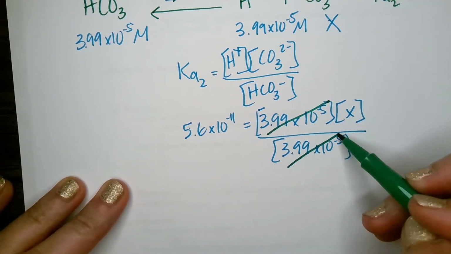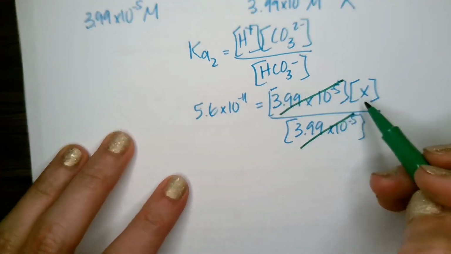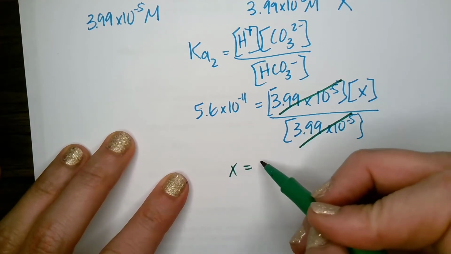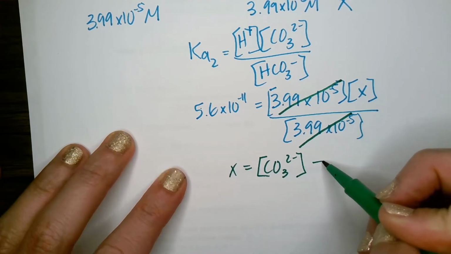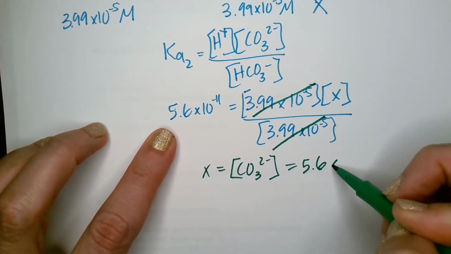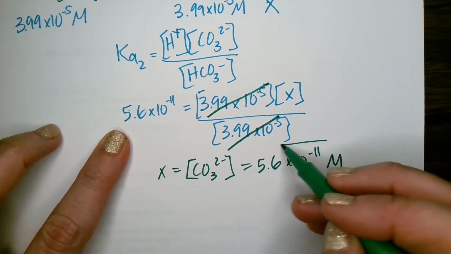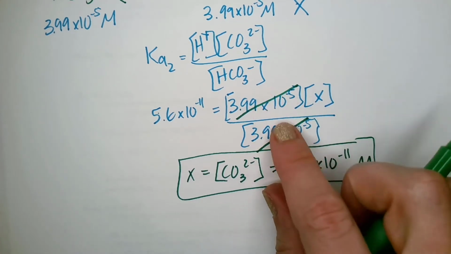So if we look at the math here, we can see that 3.99 times 10 to the negative 5th and 3.99 times 10 to the negative 5th cancel out. So I'm left with X, which is our concentration of CO3 2 minus, is equal to 5.6 times 10 to the negative 11th molarity.